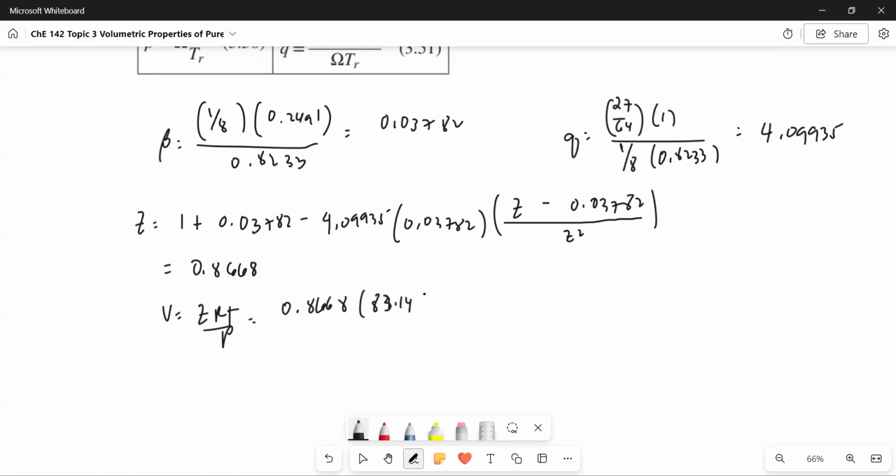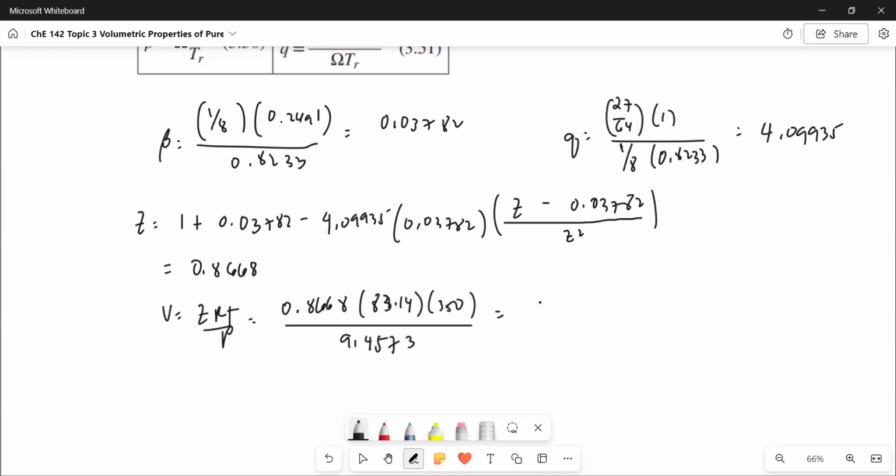I will not write the units, you do that, but they will cancel out for a final unit of volume, cm cubed per mole, with pressure in bars. What you will get is 2667 cm cubed per mole. So that is for the vapor.